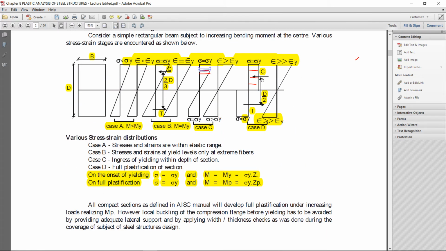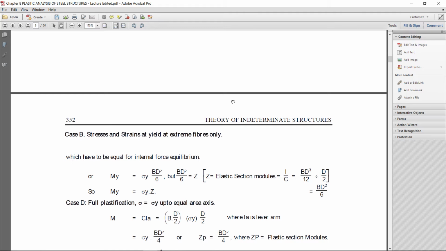In the figure you can see on the upper side there is a compression, on the bottom side a tension, and the distance between both is the lever arm. So that is written as C into LA, force into lever arm, where LA is the lever arm.